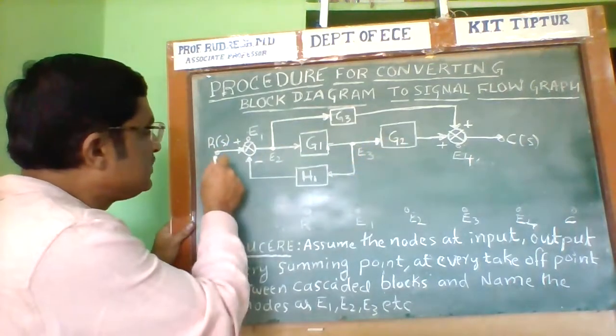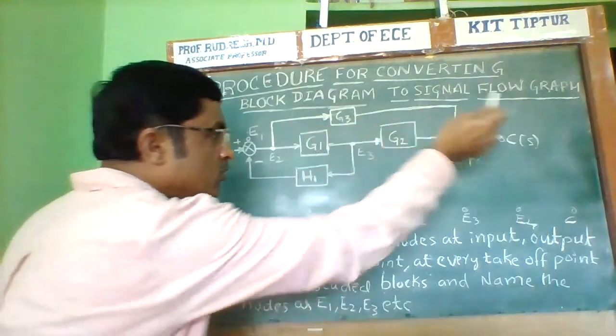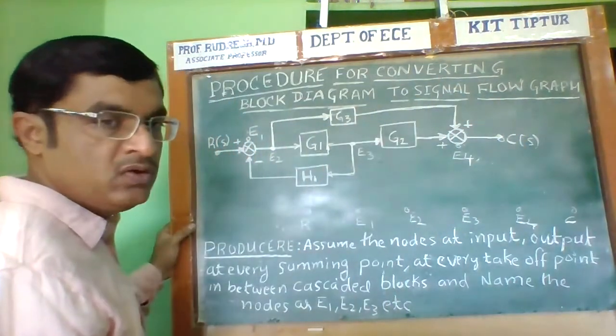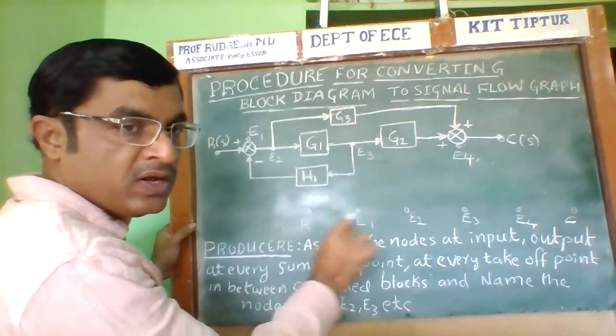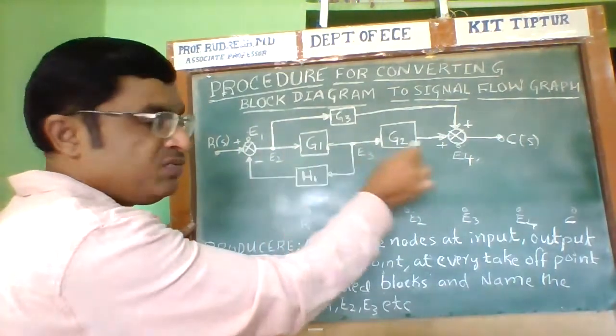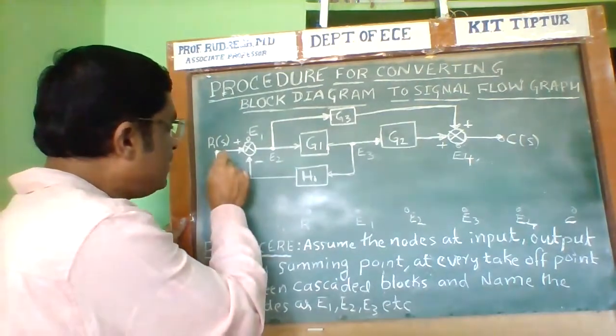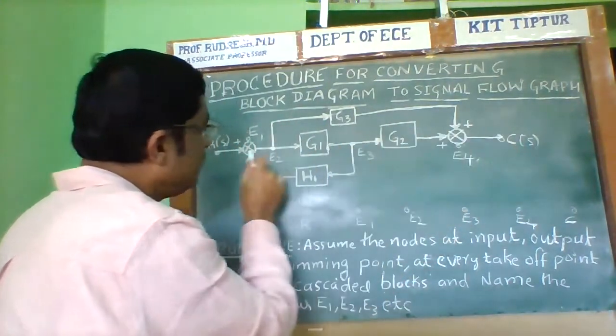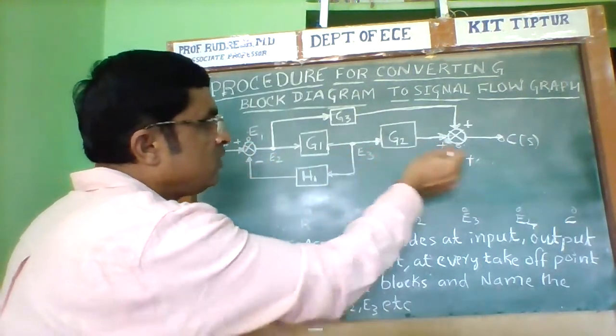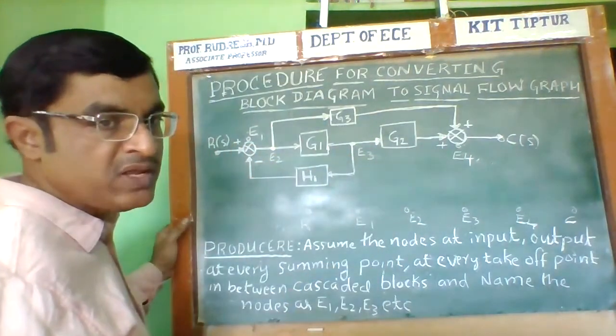The main forward path starts from the R node and goes to the C node. From the block diagram, identify the main forward path. It starts from the R node, goes to the E1 node, E2 node, E3 node, E4 node, and ends at the C node. This is called the main forward path.